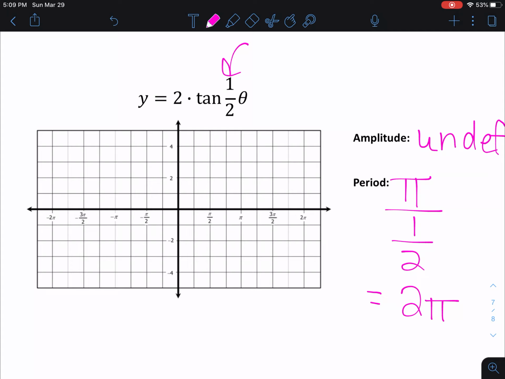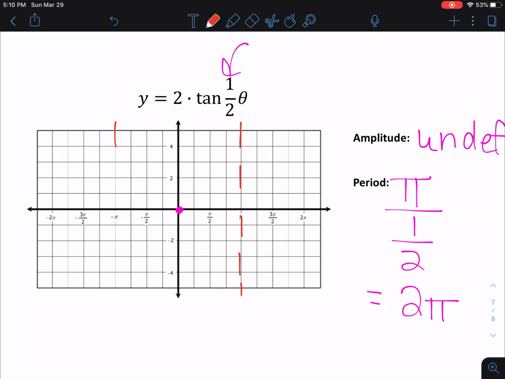So I'm still going to start at 0. Now I know my period is 2 pi. So this is going to mean I'll change colors and put in the asymptotes. This is going to be split, and I'm going to have pi as my first asymptote, and then negative pi.